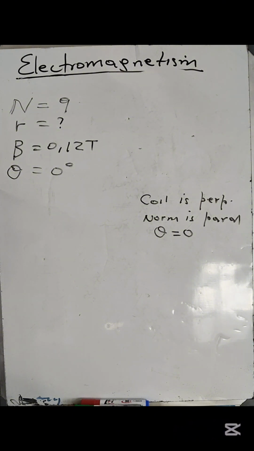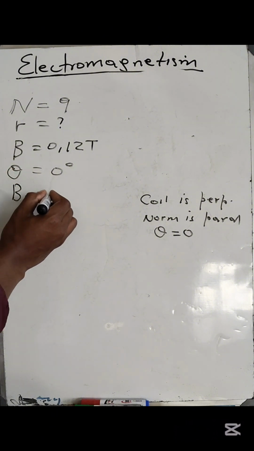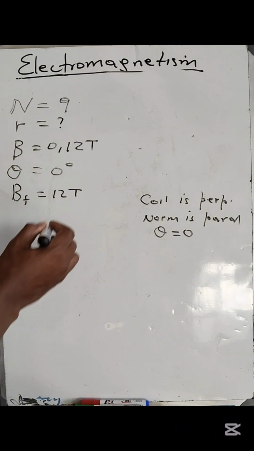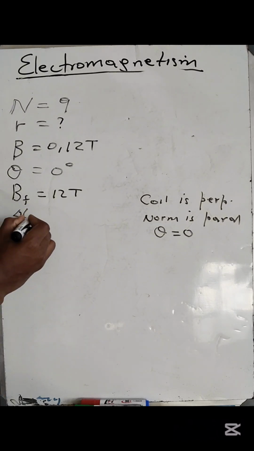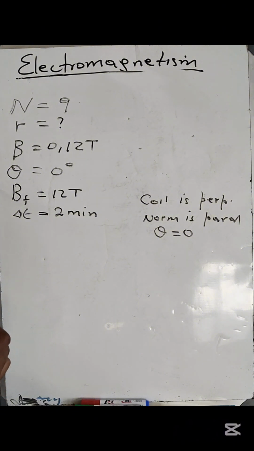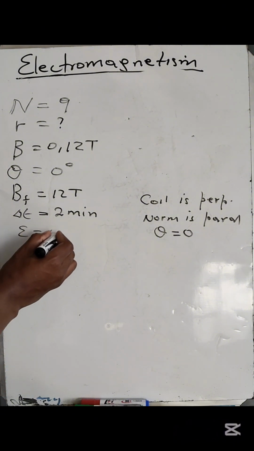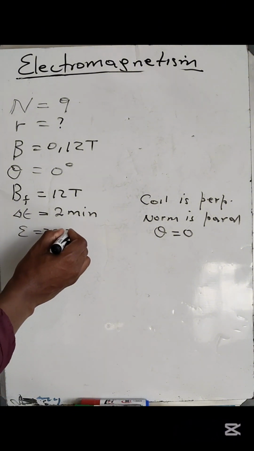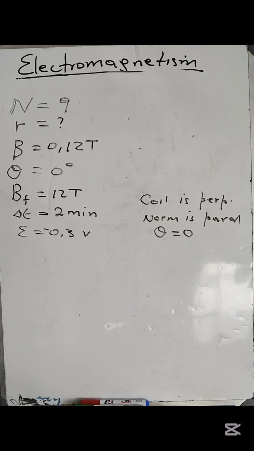When the magnetic field is uniformly switched to 12 over a period of 2 minutes, the final magnetic field is 12 Teslas. The time is 2 minutes. The EMF is given as negative 0.3 volts.